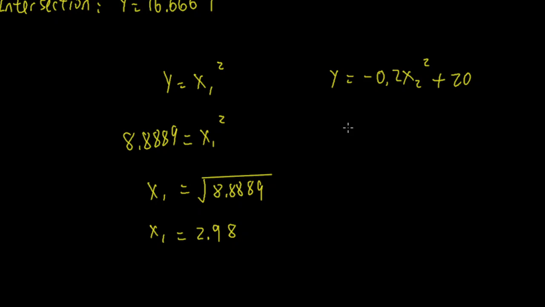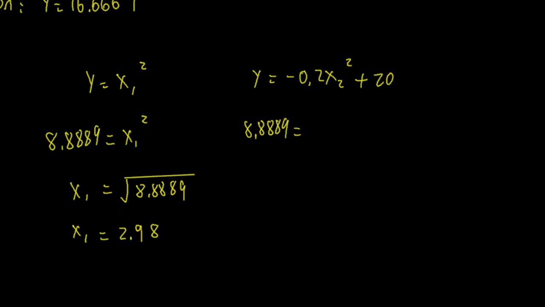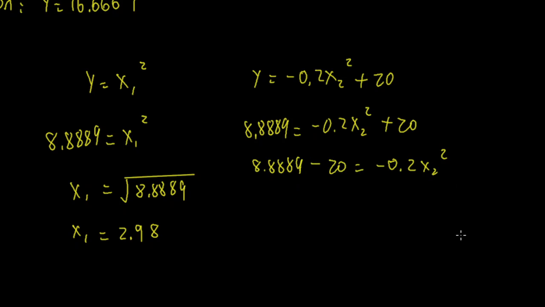Now x2 here. We let y equal 8.8889, what we calculated. So 8.8889 equals negative 0.2 x2 squared plus 20. Isolate x2 squared, so subtract 20 from both sides. 8.8889 minus 20 is equal to negative 0.2 x2 squared.